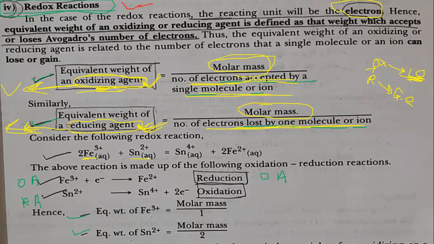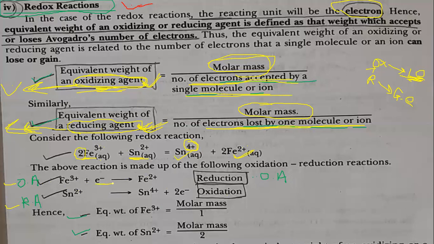Fe3 plus reacts with Sn2 plus, then what happens? See here, two ions of Fe3 plus, here only one ion. Now what happens, it gives 2 electrons. Sn2 plus has become 4 plus, which means it has given electrons. And Fe3 plus has become 2 plus, which means it has taken an electron. Now see, this is the oxidizing agent and this is a reducing agent.